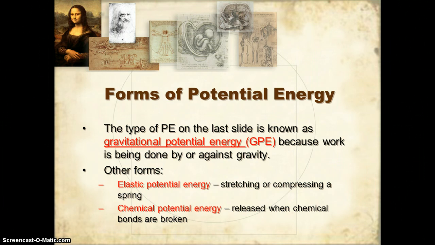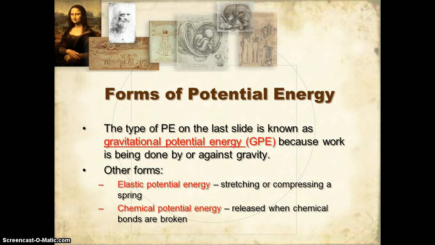Other examples of elastic potential energy, a bungee cord. Okay, if you do a bungee jump, that elastic bungee cord is stretched, you do work on it, it now has elastic potential energy.